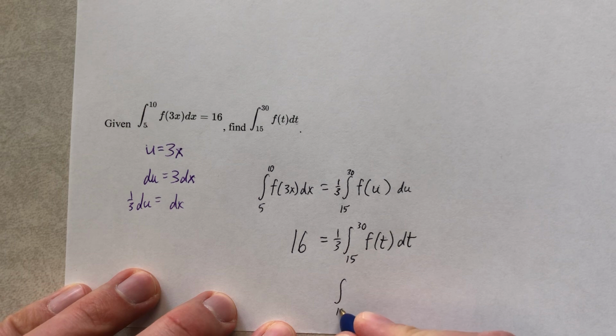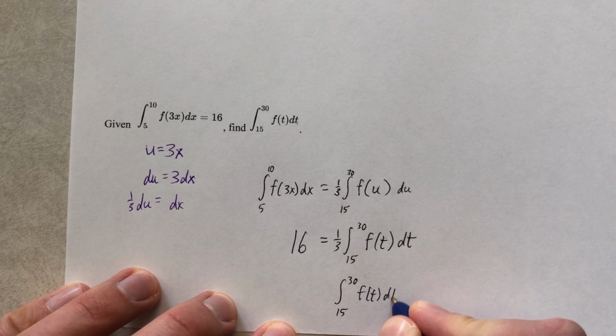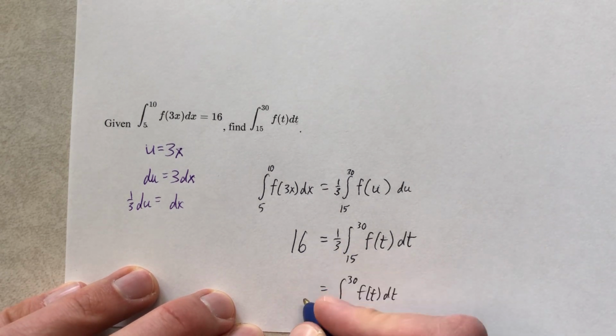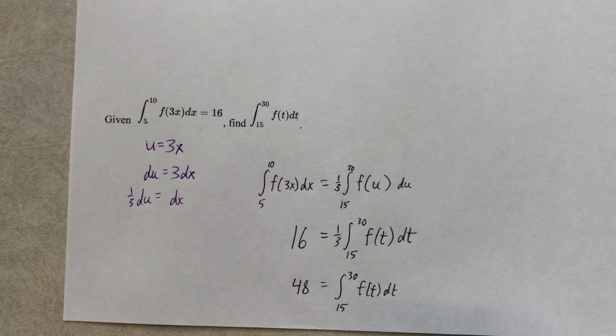So the integral from 15 to 30 of f of t dt is equal to 16 times 3, which would be 48. And that, my friends, is how it's done.